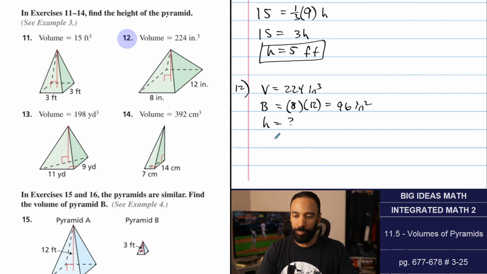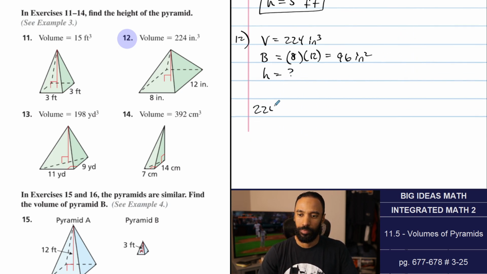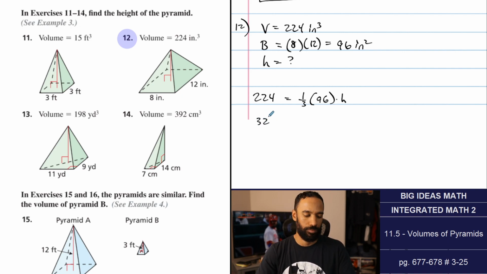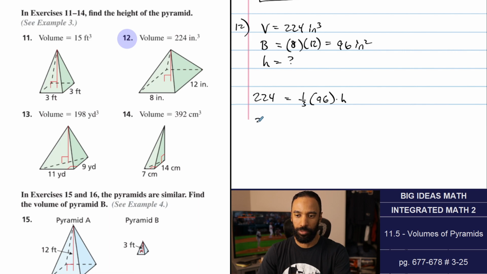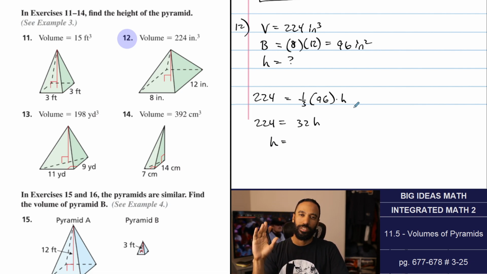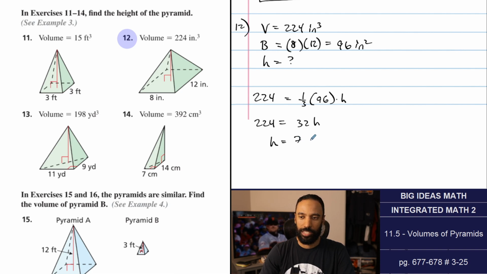So the volume equals 1/3 area of base times that height. 1/3 of 96 is 32. Equals 32 times the height. Divide. Is that 7? Height is 7. 7 inches. Number 12.